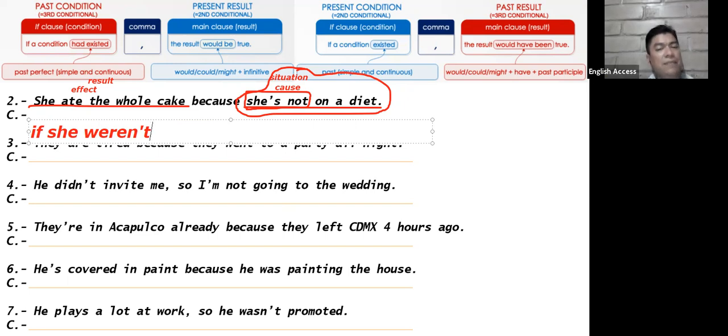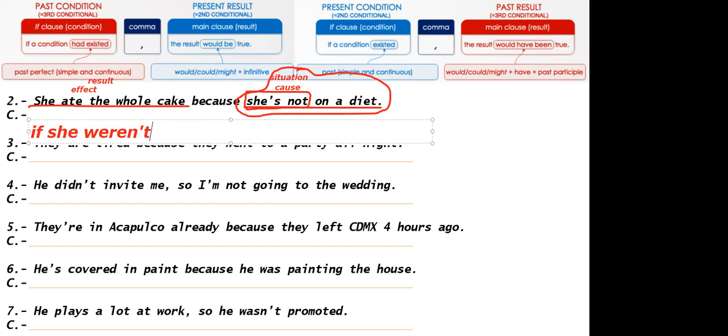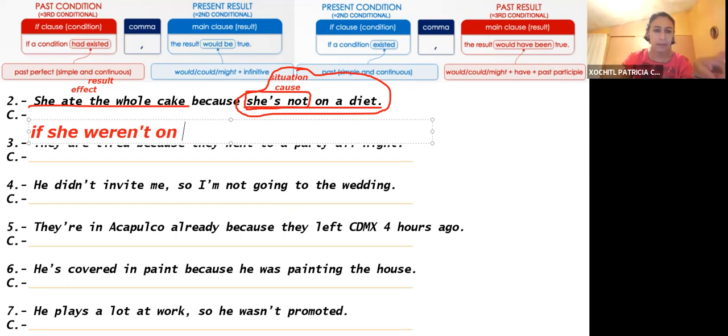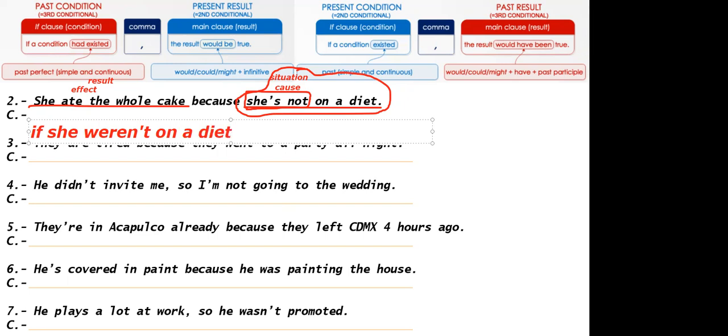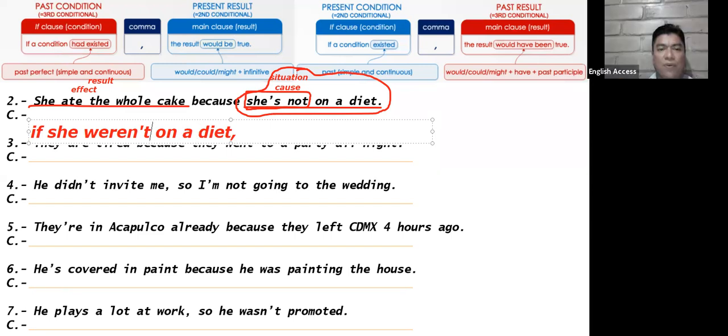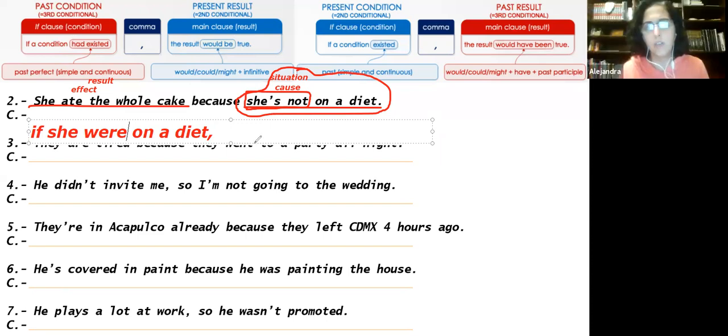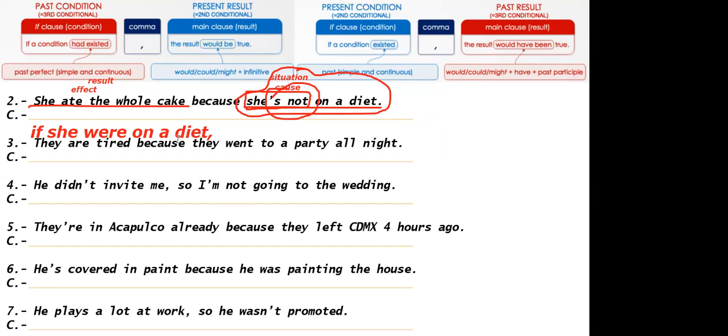So it has to be positive. If she were on a diet, she wouldn't have eaten the whole cake. She wouldn't have eaten it.